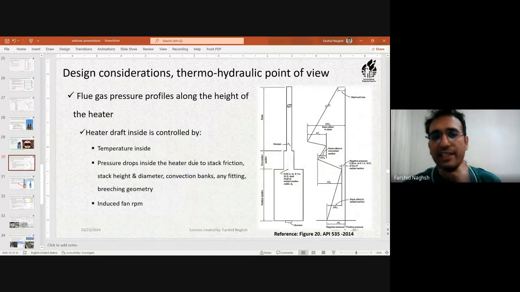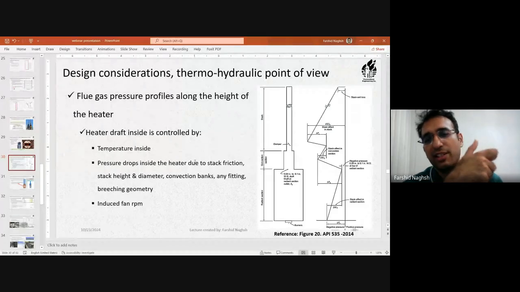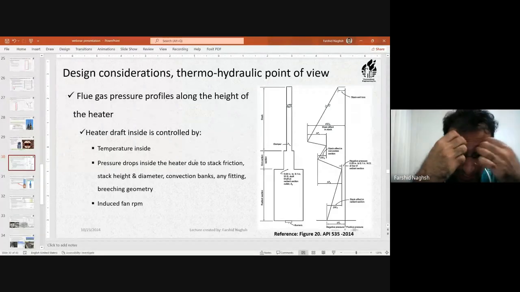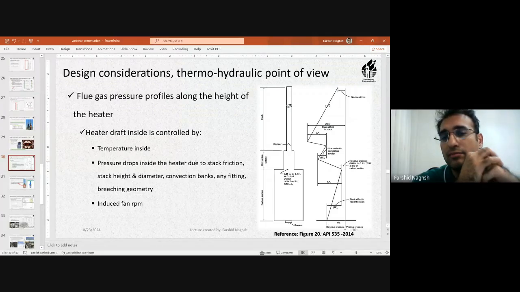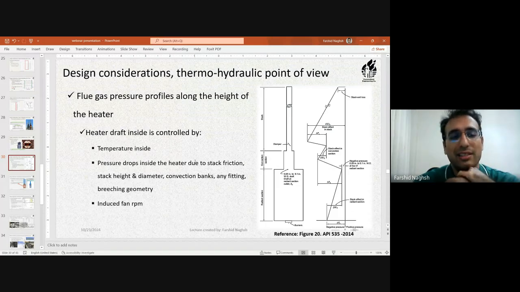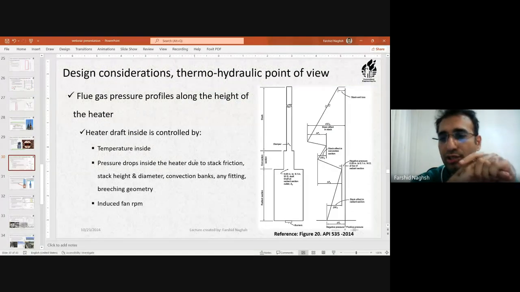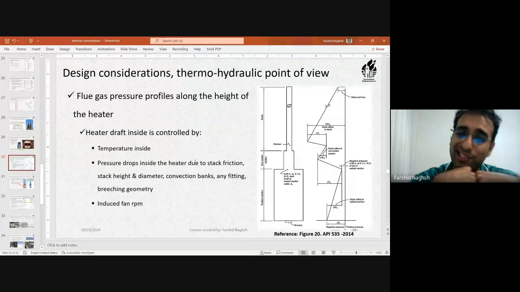Suppose you have a heater. What must the pressure of the flue gas inside the heater be? Due to safety reasons, and also a little bit due to heat transfer issues, you need to be slightly below atmospheric pressure at the most positive section of the heater.